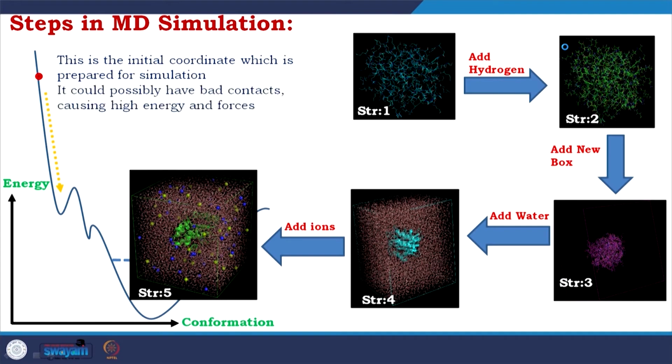Now, the structure we have is processed, but it could possibly have bad contacts causing high energy and forces. So, there is a requirement of energy minimization. The next step in MD simulation would be energy minimization.